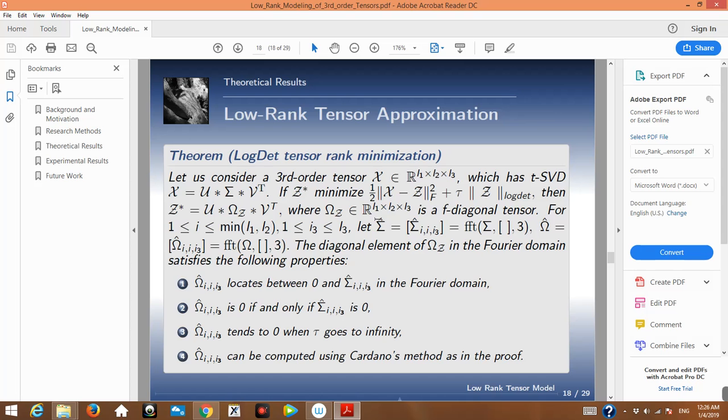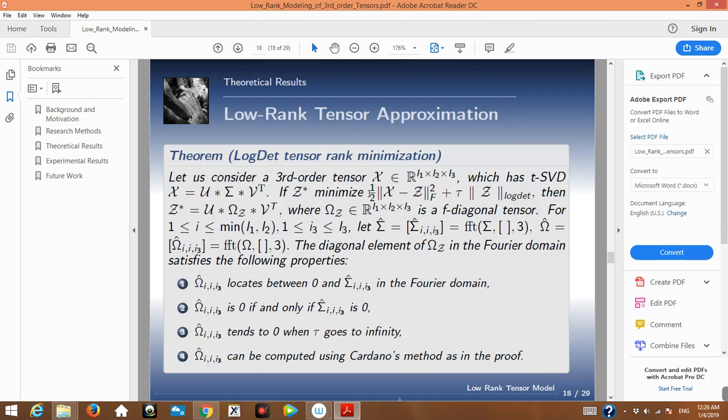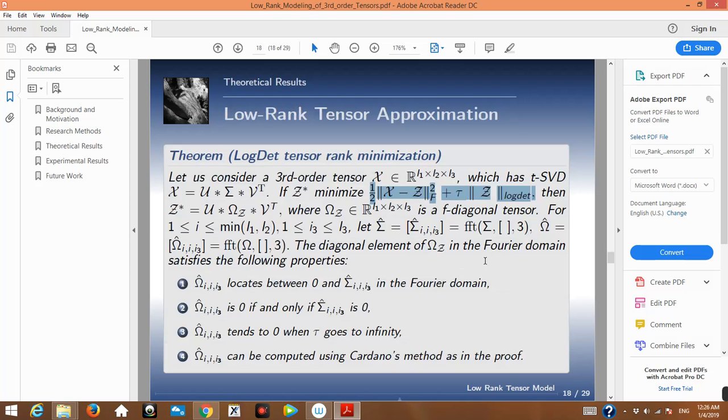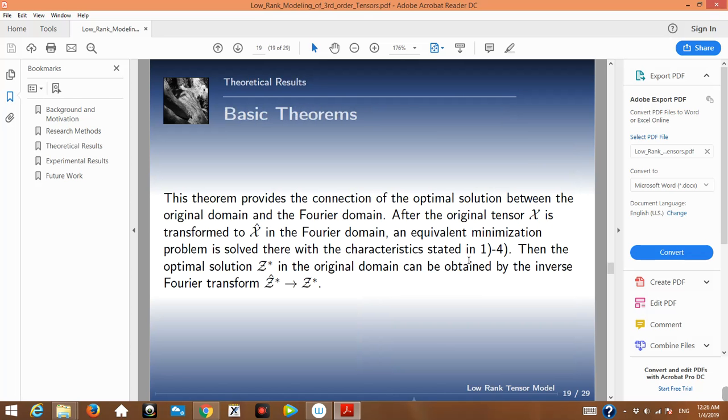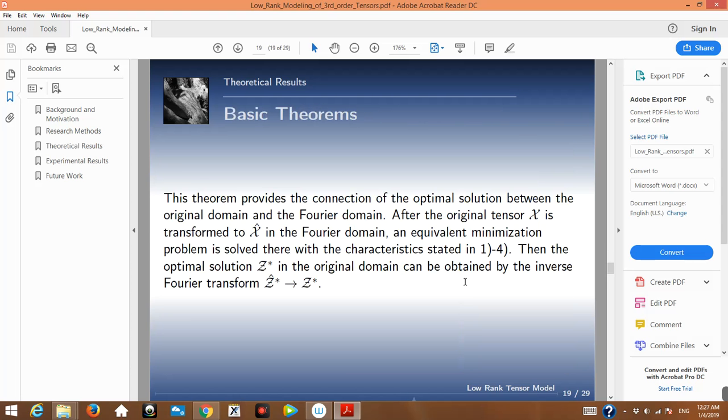Then we can obtain an equivalent minimization problem, equivalent to the original optimization problem, and solve it in the FFT domain. Finally, we can take the inverse FFT transformation to get the solution in the original domain. So this is not hard.